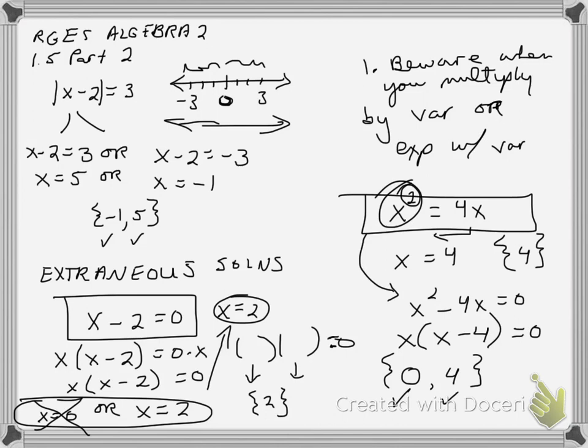So fundamentally, always check your answers. A hint would be if you have a second degree equation, you're going to be looking for two solutions. If you have a third degree, you'll be looking for three solutions, etc. Always check your answers. Be very careful when you're either multiplying or dividing by a variable. Know that you must stop and analyze that more carefully.